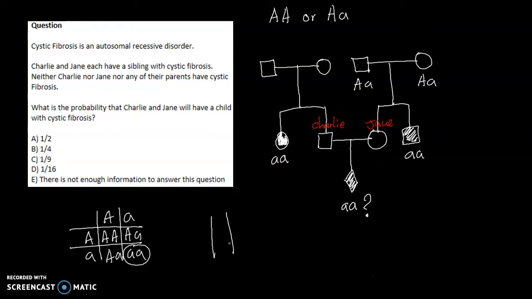Let's say one of the parents is big A, big A. As you can see, if one of the parents, let's say the mom here, has this genotype, big A, big A, then it wouldn't make sense that this child or this child is affected. So both of the parents must be big A, small a genotype.